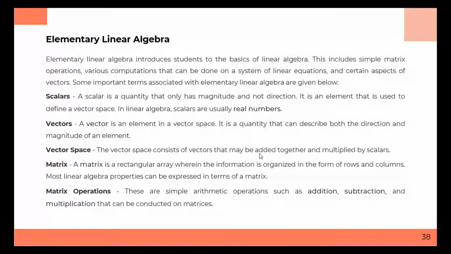If I move it from here to here, it will be displaced by 2. In terms of vectors, in a vector space, we say these vector spaces consist of vectors that may be added or multiplied.